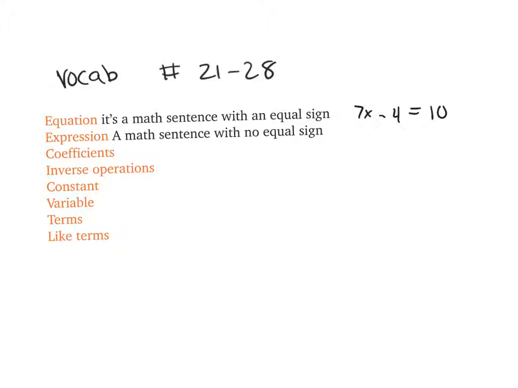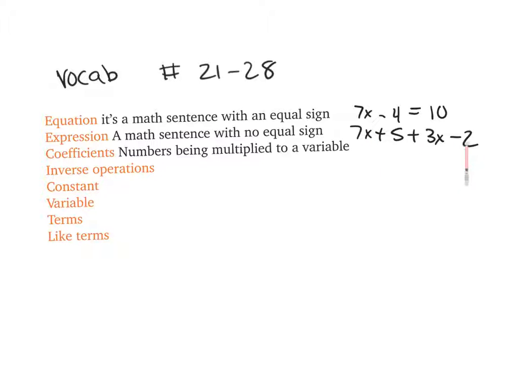So this would be something like 7x plus 5 plus 3x minus 2. Coefficients are... In the example right here, 7x plus 5 plus 3x minus 2, who are the coefficients?